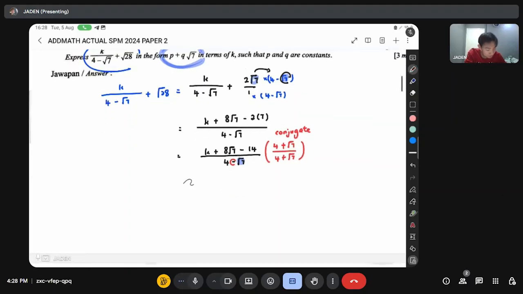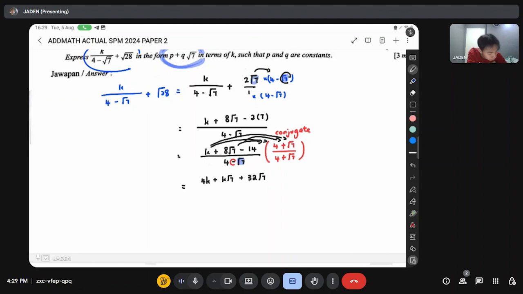Once you write this down, you want to do it slowly, one by one. So that will be k multiplied with 4 and then k multiplied with root 7. You get 4k here, and then you get k root 7, and then you take the 8 root 7 multiplied with 4 and root 7 as well. So when you multiply 4, 4 times 8 is 32 root 7.